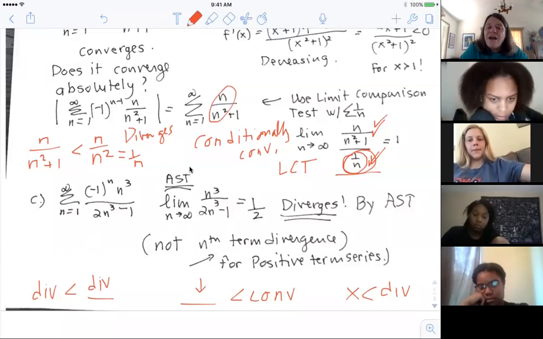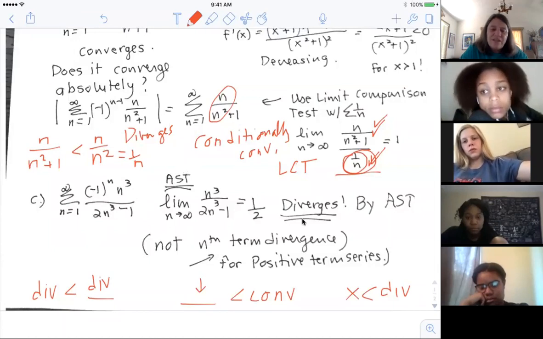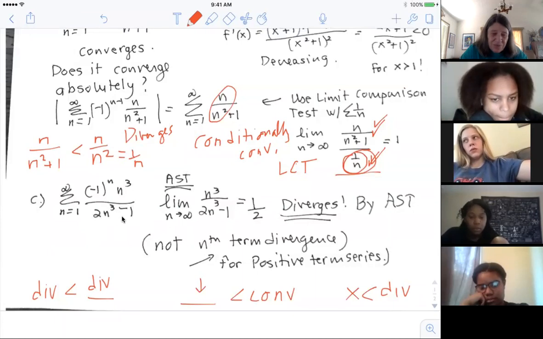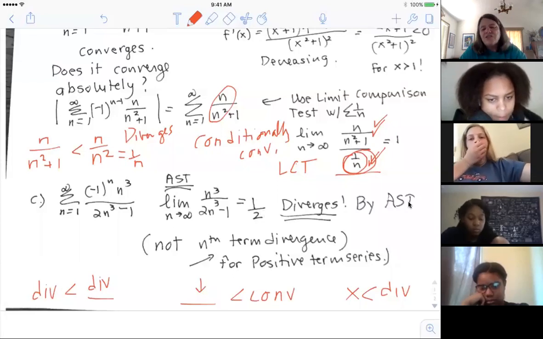It kind of looks like the nth term divergence test, but it's just the first point of the alternating series test. So since this is an alternating series and it doesn't satisfy the first point, which means this thing has to go to 0, and it didn't, it went to a half, then we say it diverges by the alternating series test, not by the nth term test.